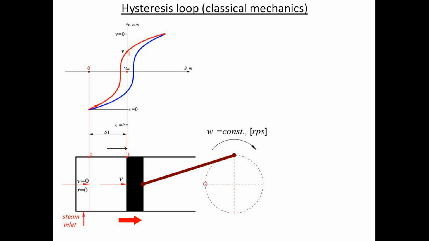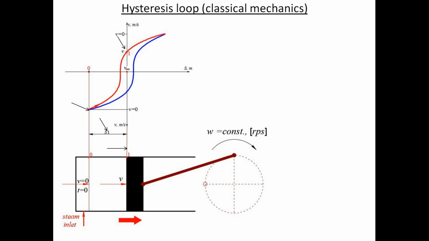In the Cartesian coordinate system, the hysteresis loop starts from the point where the piston starting point equals 0 and velocity equals 0, which is here. And after the piston moves distance s1, the velocity v on the hysteresis curve is here at the number 1 position. So velocity increases from v equals 0 to v.